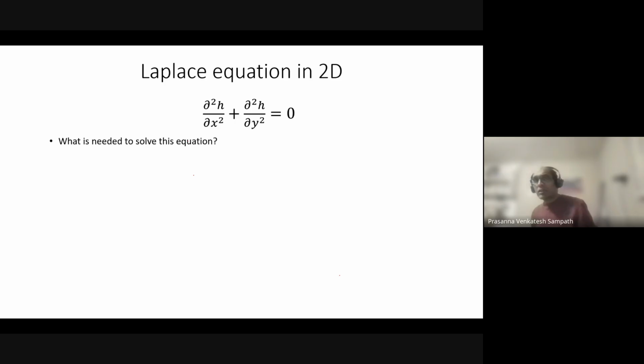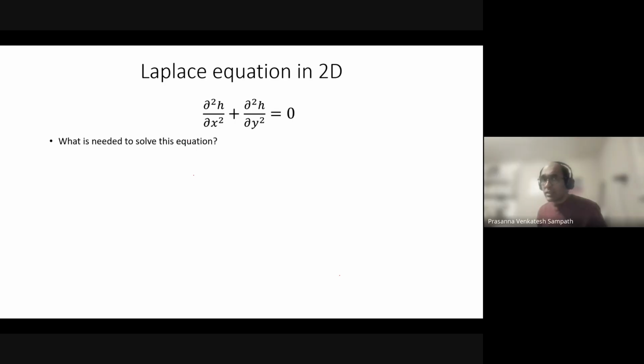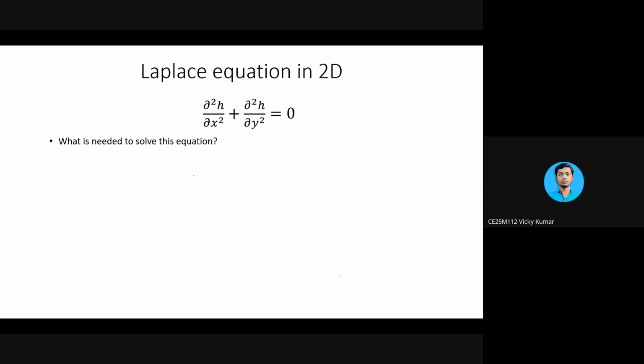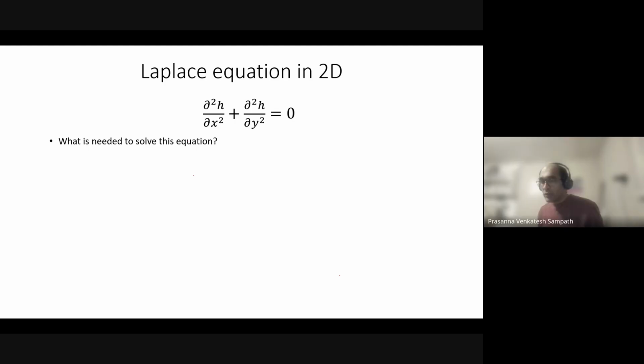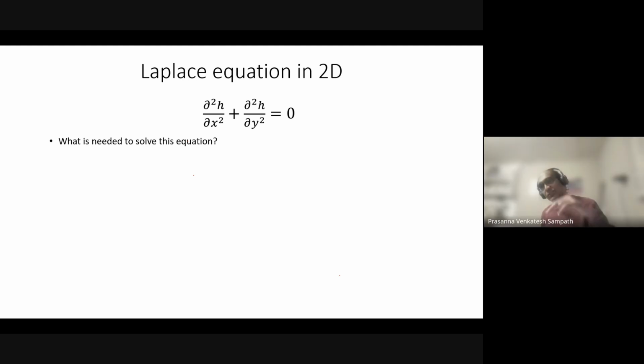Very good. How many boundary conditions do I need? 2. 2 in which direction? 1 in x direction and 1 in y direction. Okay, you're 50% correct. You will need 2 in x direction and 2 in y direction.